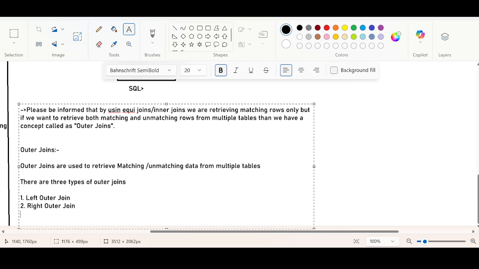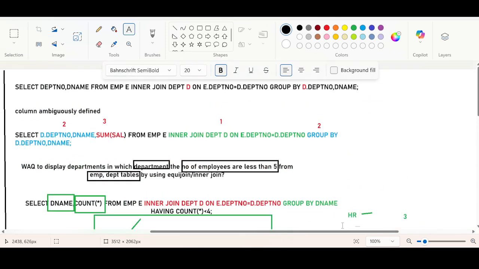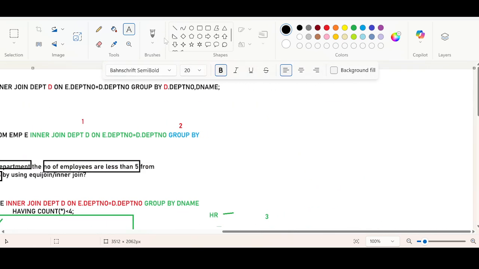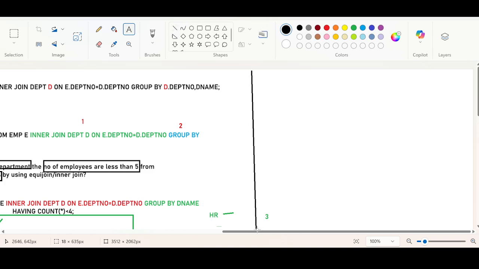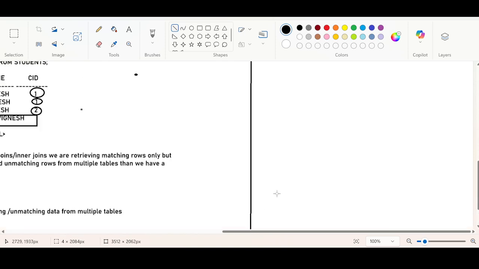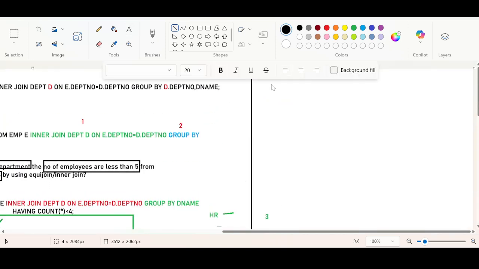And the third one is the full outer join. First of all, let us discuss the left outer join.